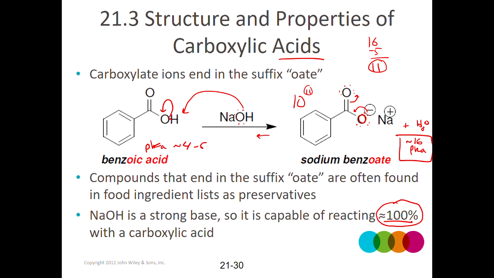It's not exactly 100%, 99.999, etc. percent, because there's so much more product than reactant based on the big difference between water's and the carboxylic acid's pKa. So we know any strong acid like OH minus will readily deprotonate virtually every single molecule of a carboxylic acid.